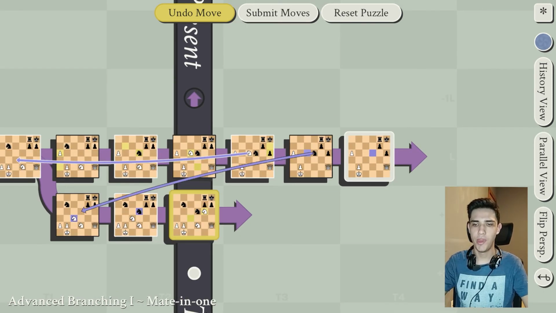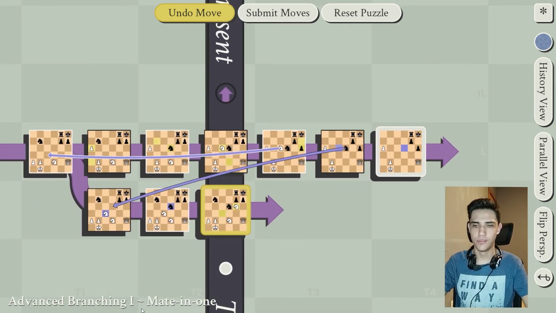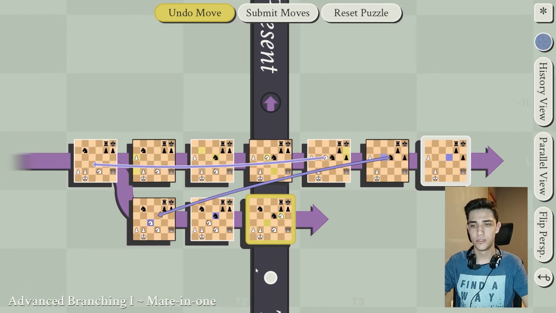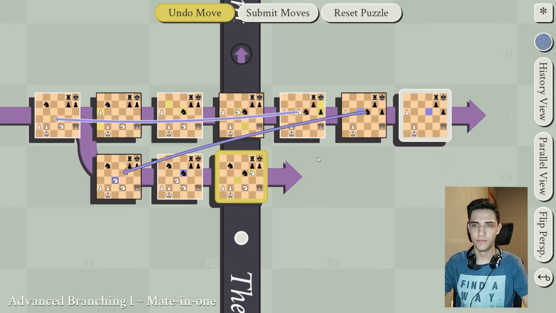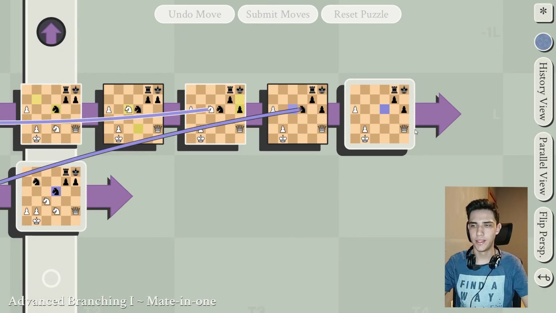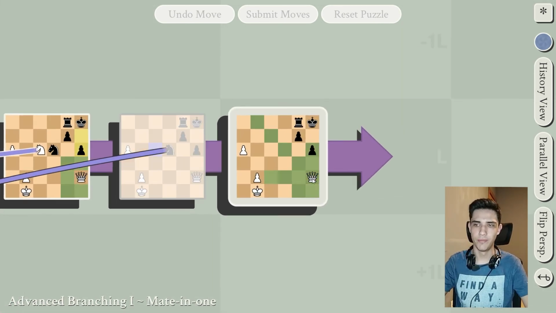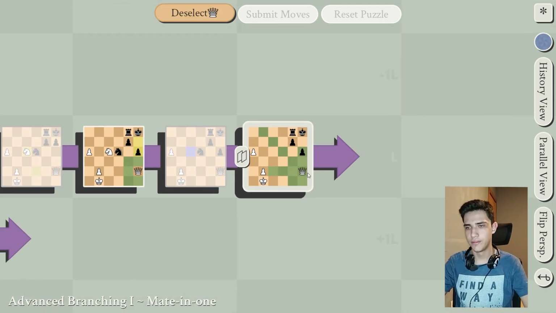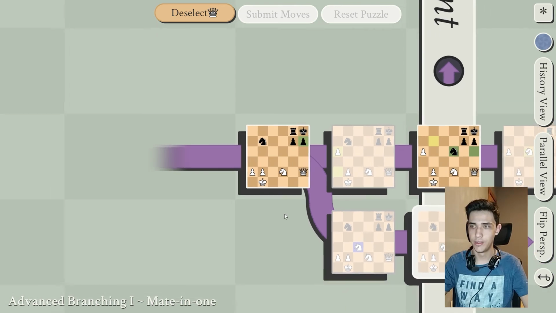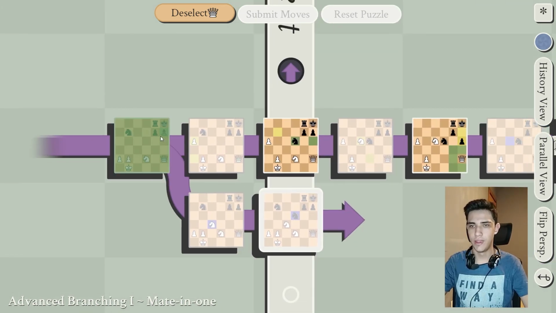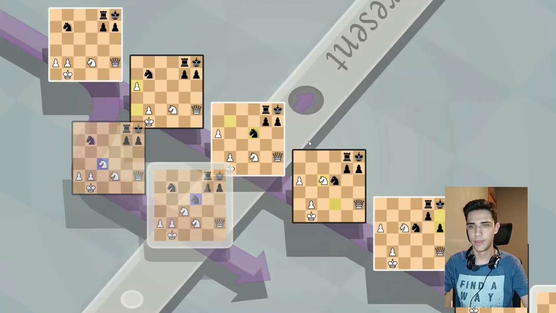So here it is not checkmate, and we have to checkmate my opponent in one. So let's think of another movement. Let's analyze this board, and then we can play too. Actually, we can move our queen to here. So, and here is checkmate.